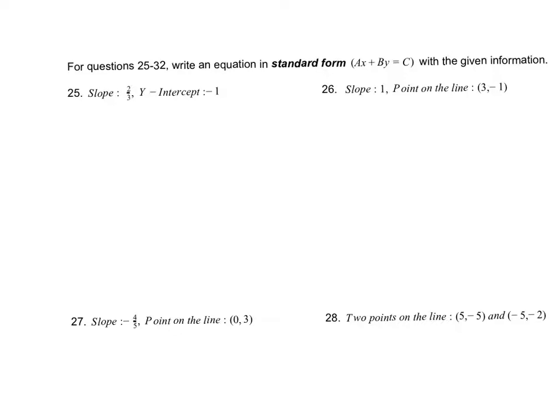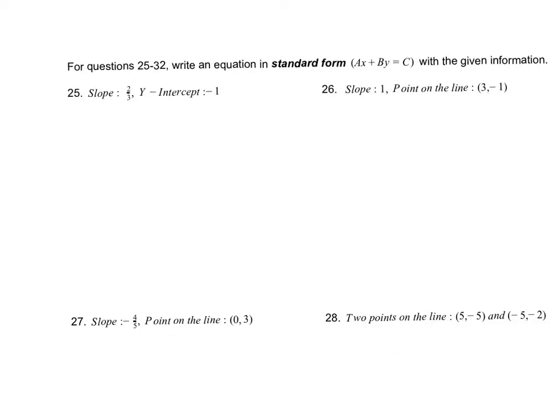So do exactly what you did for the last 6 questions, but then change it into standard form. But I just want to remind you of some things about standard form. I'll remind you, and then I'll do number 25 and maybe 27 or something like that. Maybe I'll just do the first two, 25 and 26. And that will tell you some things about standard form that will be important to remember.